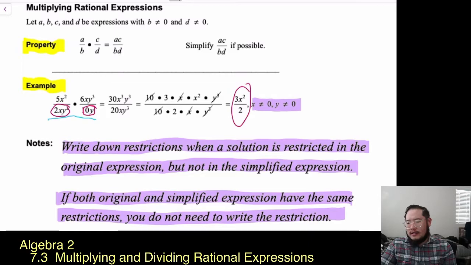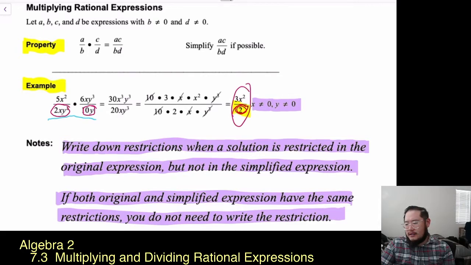It's there in the beginning, but when I look at the final answer, it's not there. All I have is 3x squared over 2. There's no y, and no x in the denominator.